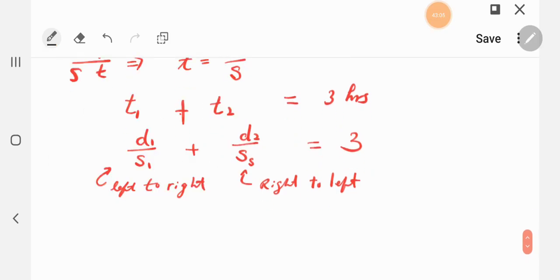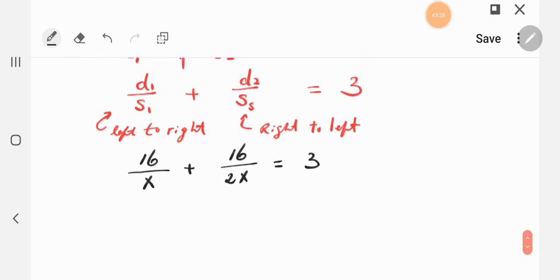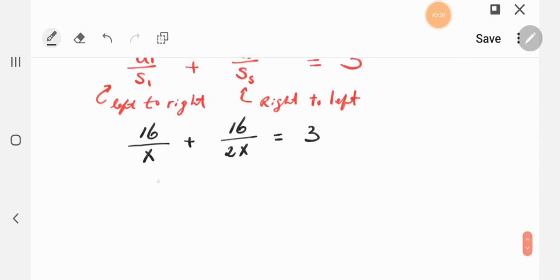So from this equation, the distance is 6 kilometers and the speed from left to right is x. And the distance from right to left is the same distance, 6 kilometers, and the speed is twice, so 2x. So that is equal to the total time, 3 hours. Using this equation, let's find x.